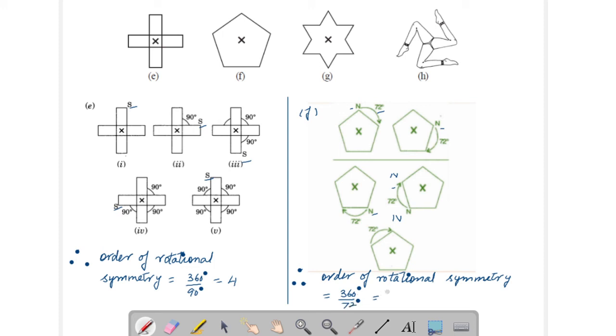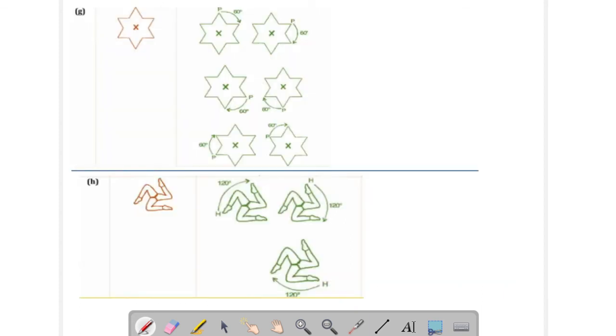And if you solve it, you will get 5. Therefore, order of rotational symmetry in this case is 5.